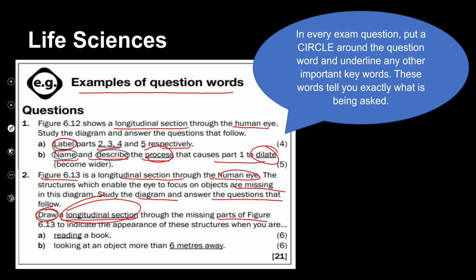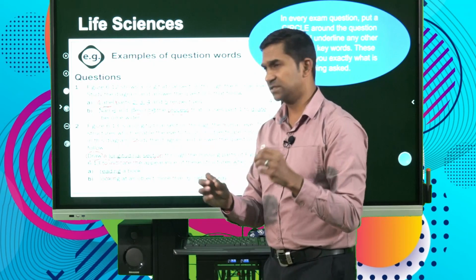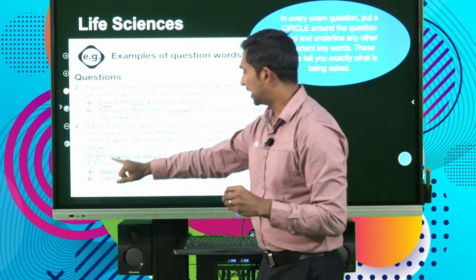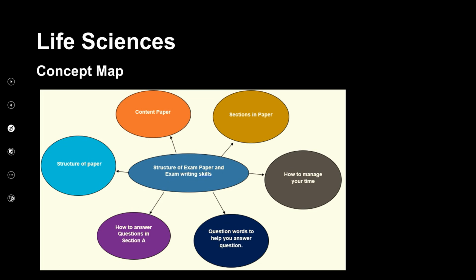Notice that as I read the question, I focused on the key aspects of the question. Let's go on: to indicate the appearance of these structures when you are reading a book. So it's context to reading a book. So what happens? You've got to describe the pupillary mechanism and the adjustment of the eye in the context of reading a book. Guys, it's important that you now have looked at how to answer questions in section A.